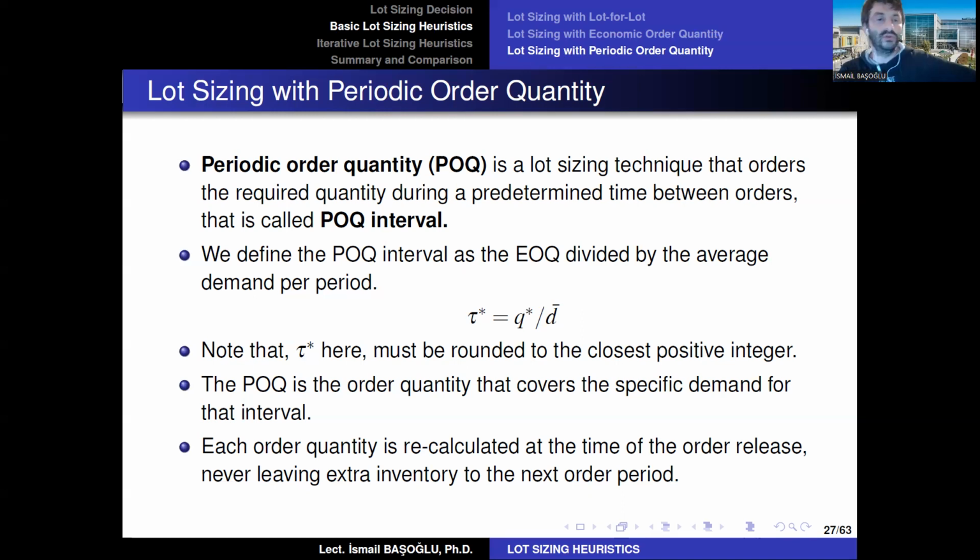So because the periodic order quantity interval is equal to 4, we need to consider the total requirement of the next 4 periods when we are determining our order quantity. But in order to do that, first we need to determine the periodic order quantity interval. Now, the method will start just like the economic order quantity approach starts.